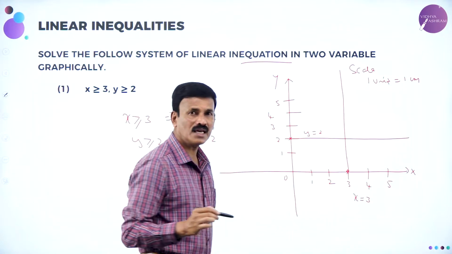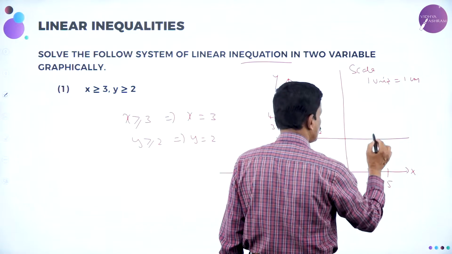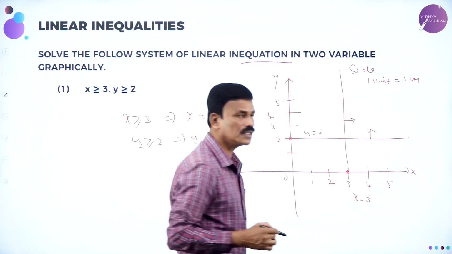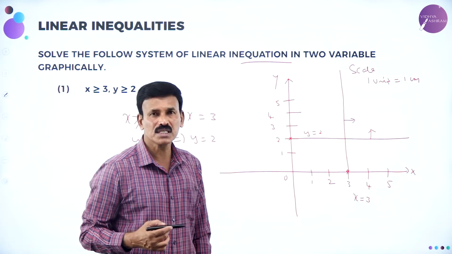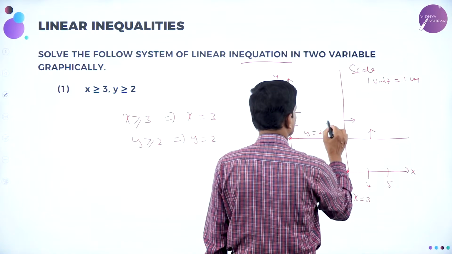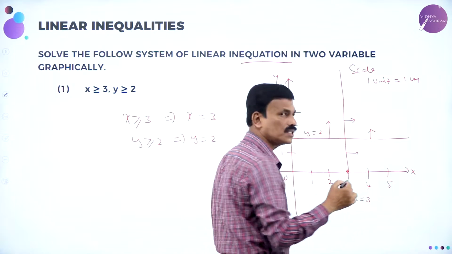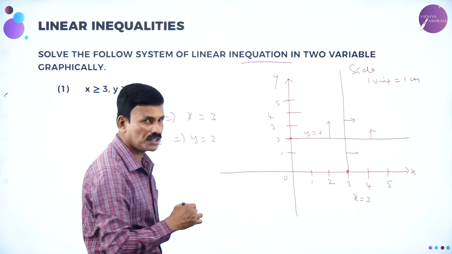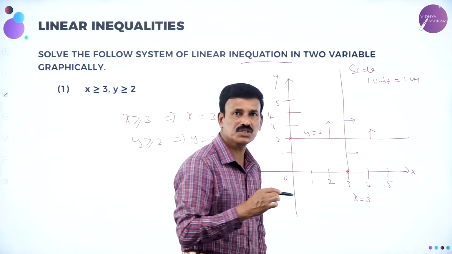So all the points with y greater than 2 and x greater than 3 will come here. This is the solution set. So how to represent the solution set? The solid lines will represent the equations and the solution set is the intersection of these two solid lines.